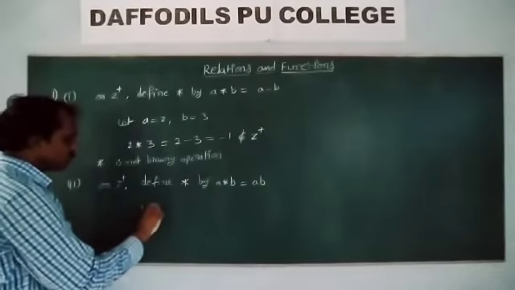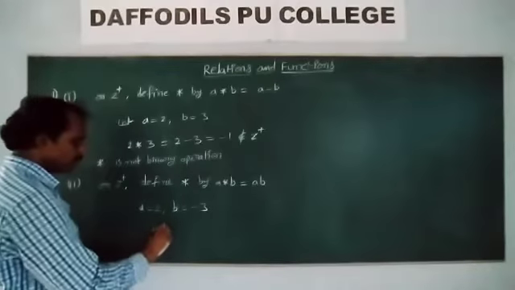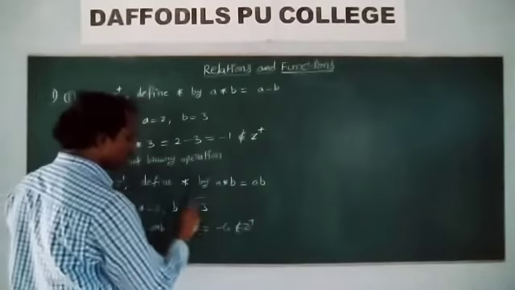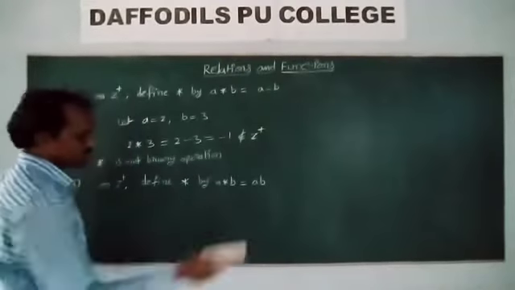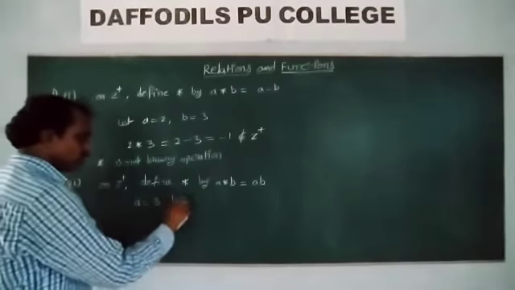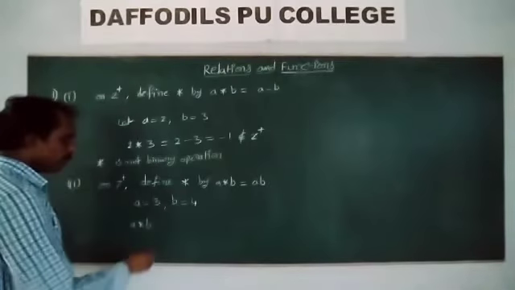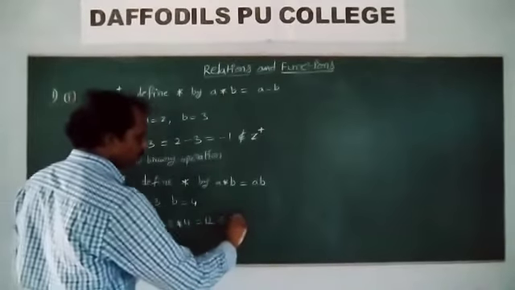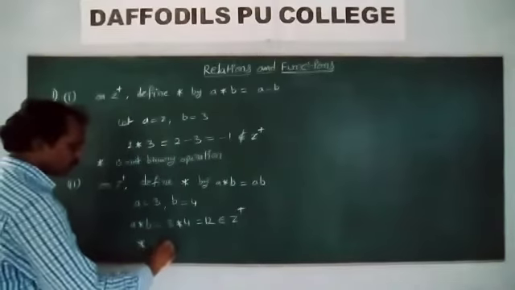Suppose I take A is equal to 2, B is equal to minus 3, AB is 2 into minus 3, minus 6, which does not belong to Z plus. But that choice is not even in Z plus, so we choose elements from Z plus only. If A is equal to 3, B is equal to 4, what is A star B here? AB, that implies 3 star 4 is 12. Does this 12 belong to Z plus or not? In this case, star is a binary operation.